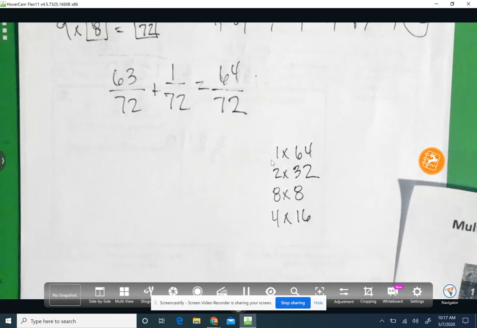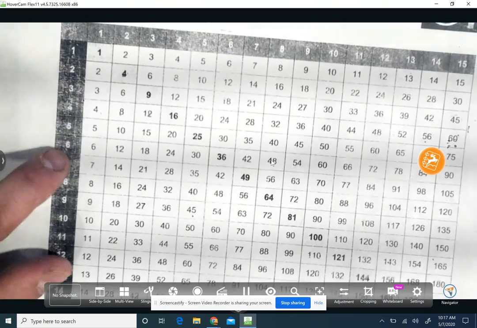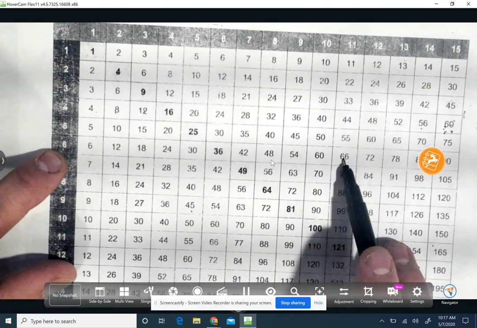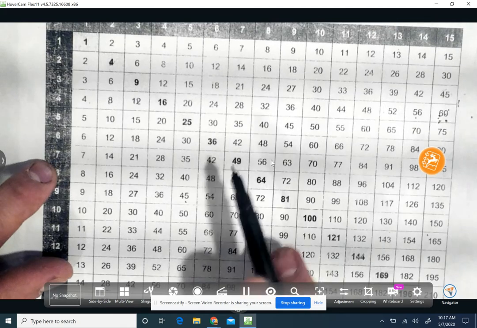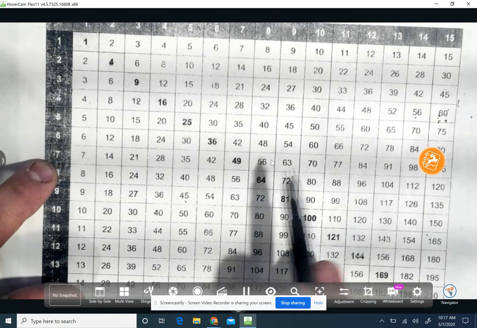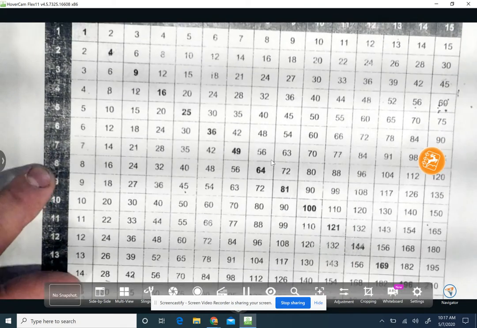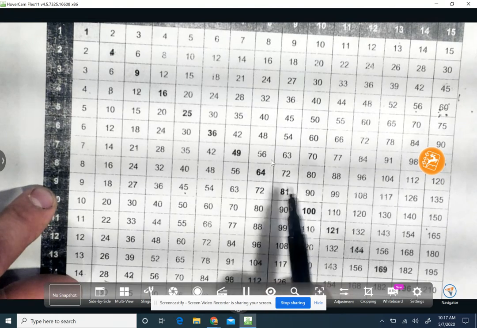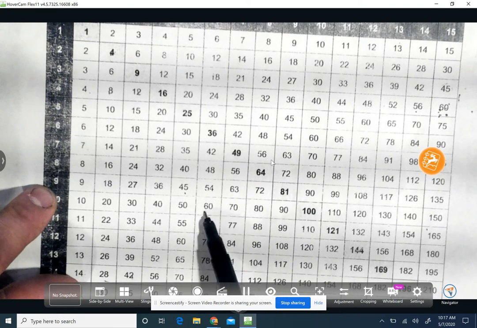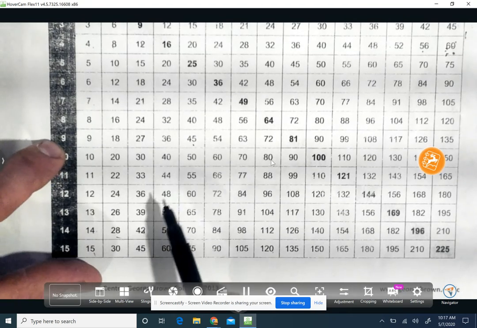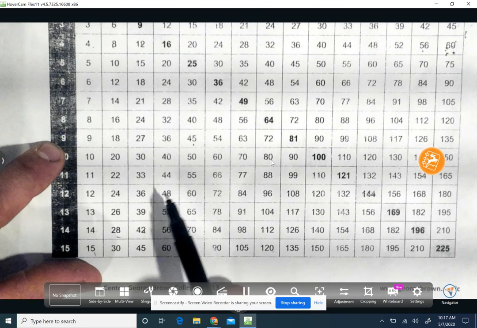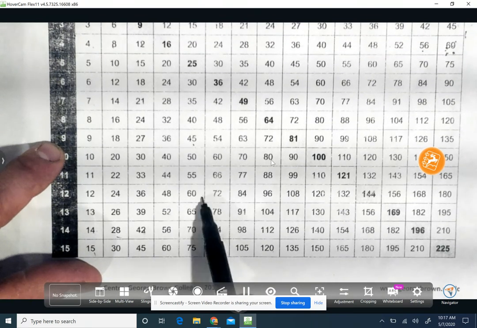Now we can look at 5. Nope, got to have a 5 or 0 in the ones place. We can look at 6. We got 60 and 66. Nope. 7: 63 to 70. Nope. 8, we already got 8 times 8. 9: 63 to 72. Nope.